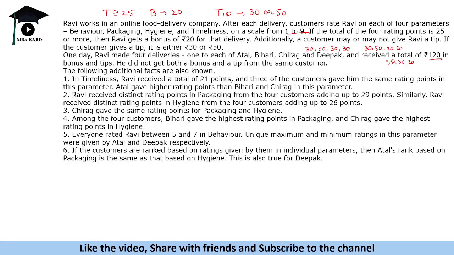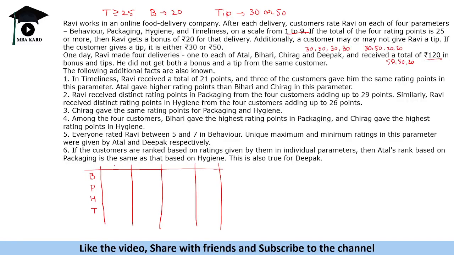We have four parameters: behavior, packaging, hygiene, and timeliness, and there are four people: A, B, C, D. And we will find the total points these people gave to Ravi. In timeliness, Ravi received a total of 21 points. Three of the customers gave him the same rating points.